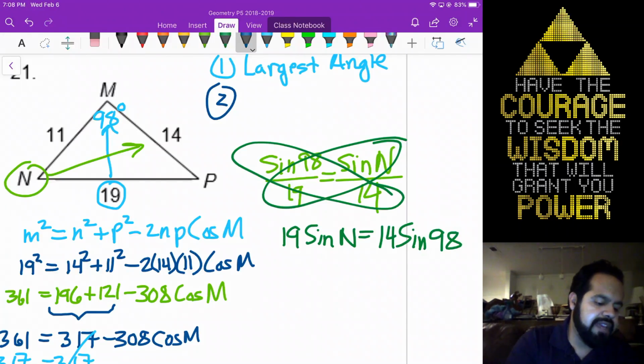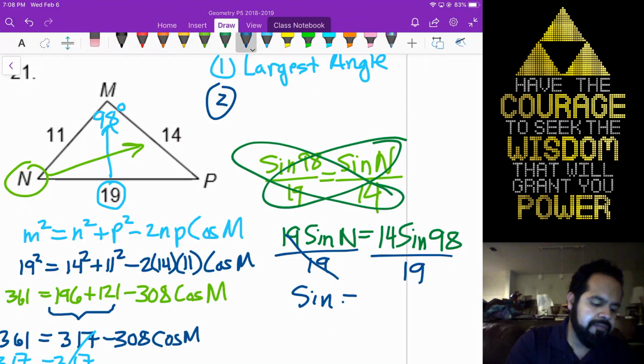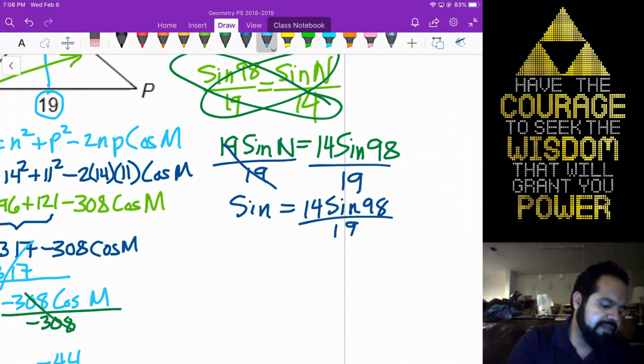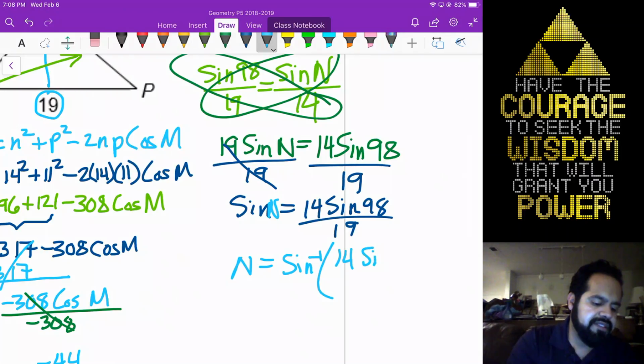Okay, now we divide both sides by 19. So then sine of n equals 14 sine of 98 over 19. Take the inverse sine of both. N equals inverse sine of 14 sine of 98 over 19.